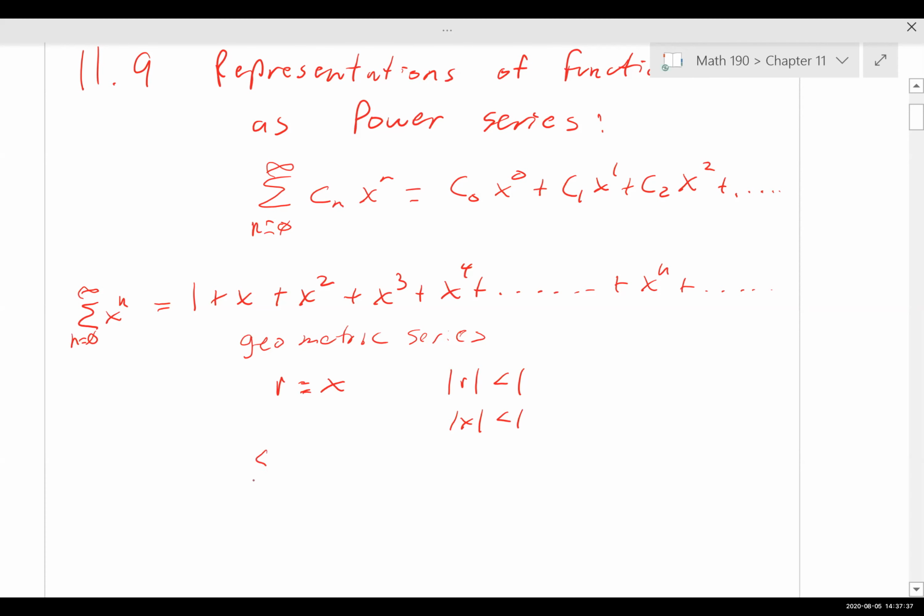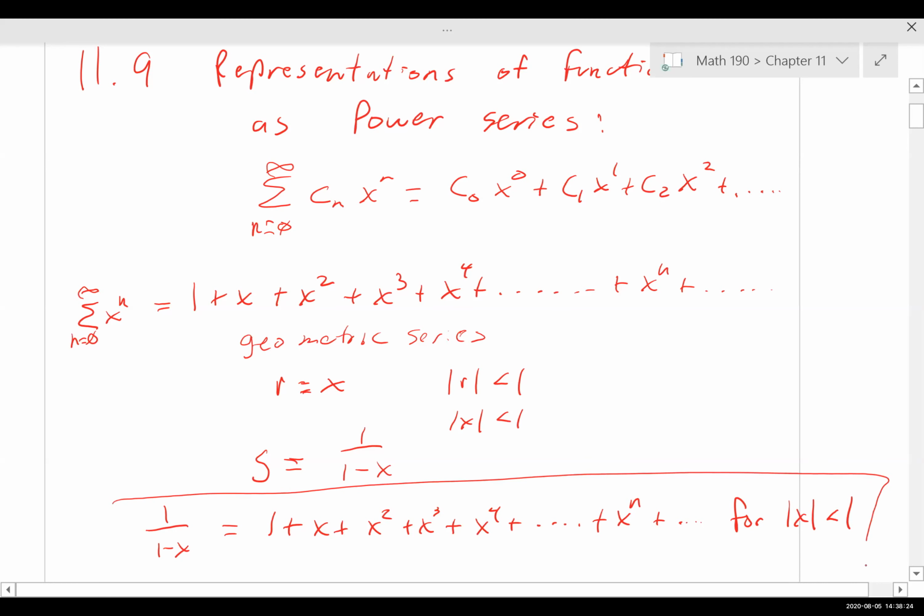Well, it converges to s over 1 minus x. So the sum of this thing is 1 over 1 minus x, which is equal to 1 plus x squared plus x cubed plus x to the fourth plus dot dot dot plus x to the nth plus dot dot dot, when the absolute value of x is less than 1.